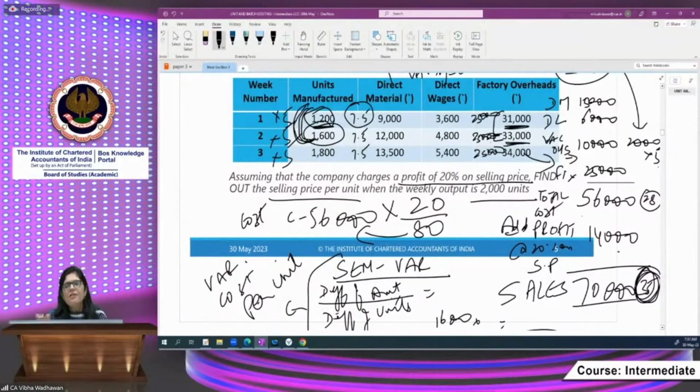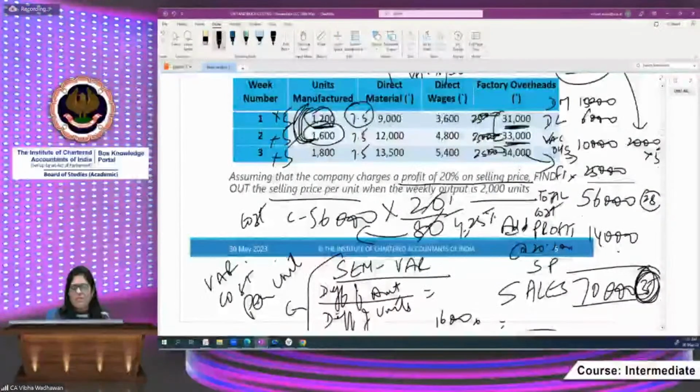Profit is given on sales, but we have to convert it on cost. So 56,000 into 20 by 80, because 80% is the cost. Or you can say, if 20% on selling price, 25% on cost. How 25%? 1 by 4 or 25%. Clear? So just take note of this. I hope you have understood.